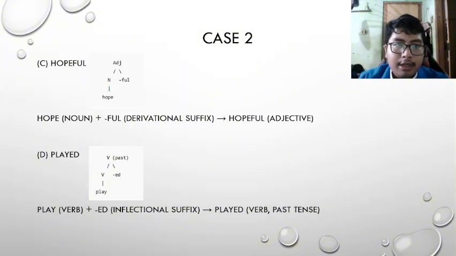Hopeful: hope as a noun plus -ful as a derivational suffix becomes hopeful, an adjective. Played: play as a verb plus -ed as an inflectional suffix becomes played, a verb for past tense.